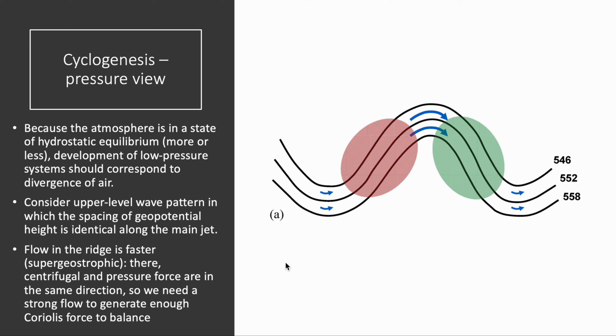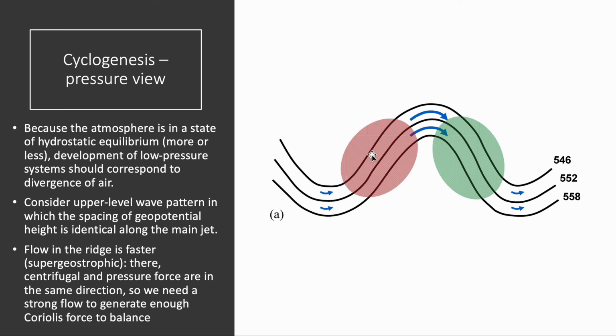And because in the troughs and in the ridges, centrifugal and pressure force are oriented in opposing sense, okay, so for example in the flow, centrifugal and pressure force are in the same direction. So this causes the flow over here on the ridge to be supergeostrophic, and so in turn this causes a convergence here from going from the ridge into the trough and a divergence over here.